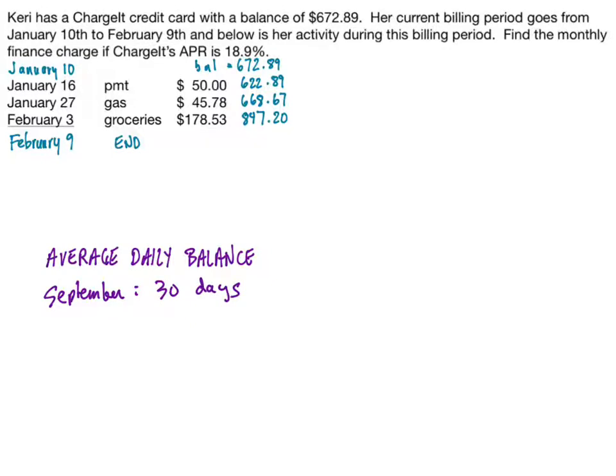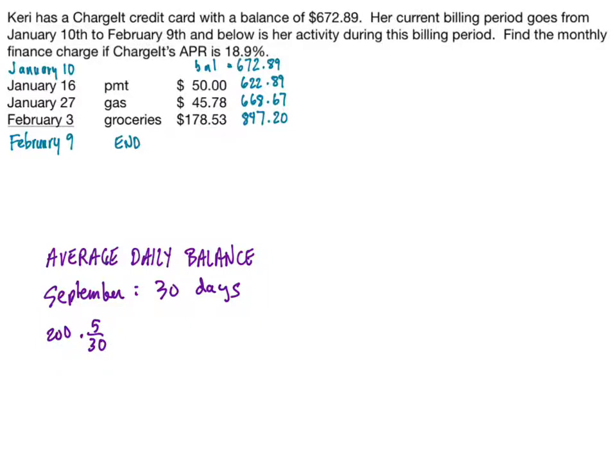So let's do a scenario similar to above, but with a nicer number. So let's say somebody has a $200 balance, and it's going to stay at $200 for 5 days. So what we can say is it's going to be $200 for 5 out of the 30 days of September, or you could reduce that and say it's really 1/6 of the time it's at $200.